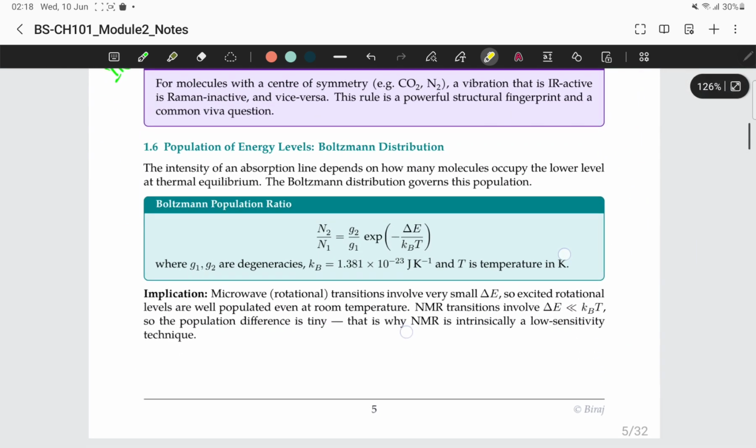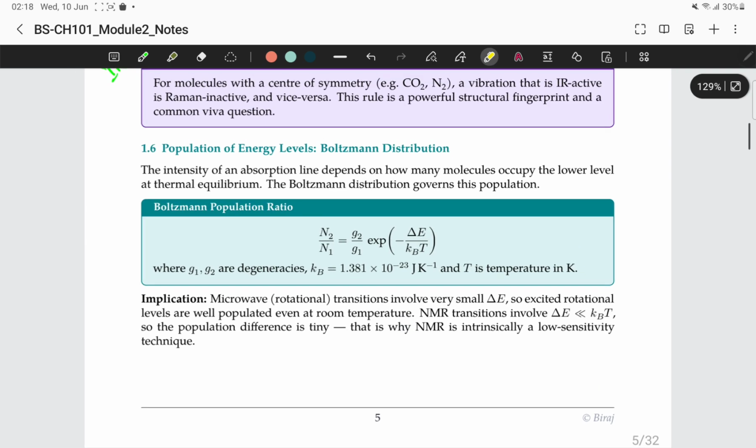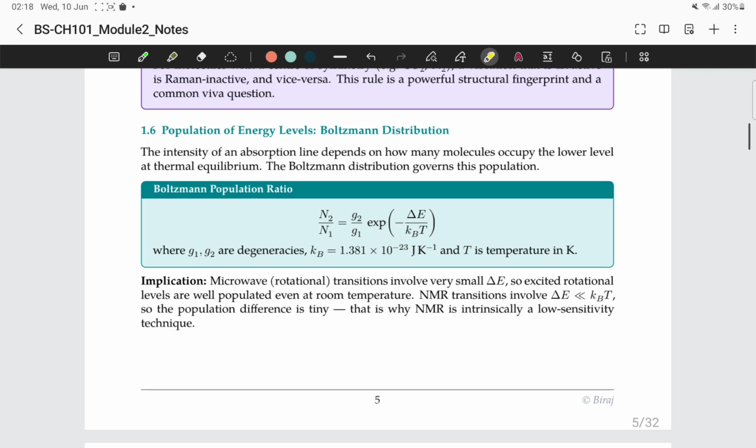Now, probably the last part of this: population and line width. Let's wrap up this part 1 with this. The intensity of an absorption line depends on how many molecules occupy the lower level at thermal equilibrium. The Boltzmann distribution governs this population. So what is the Boltzmann ratio?